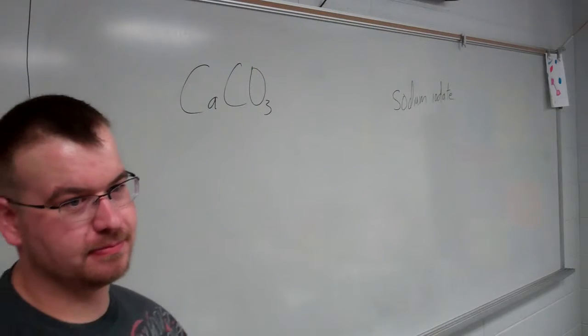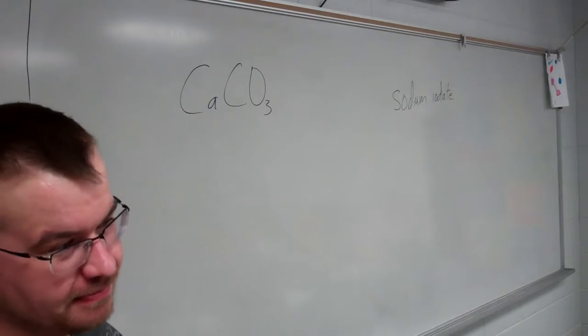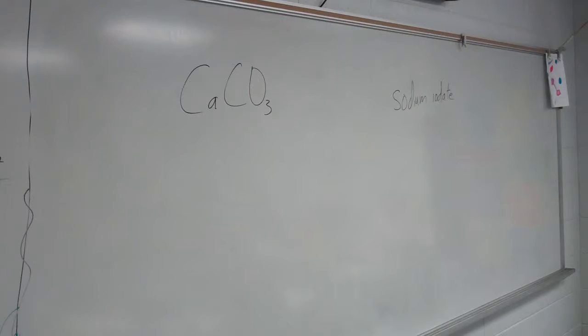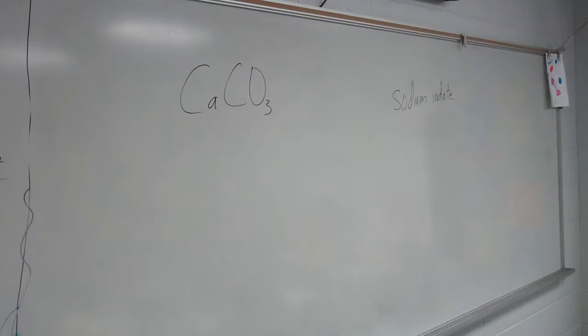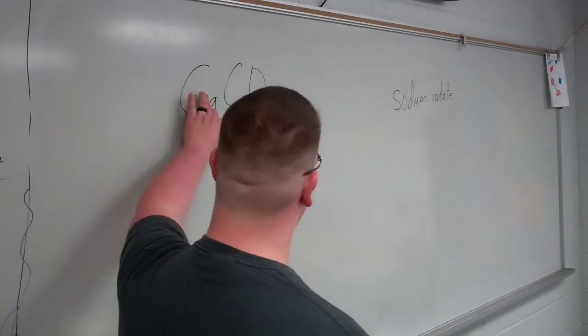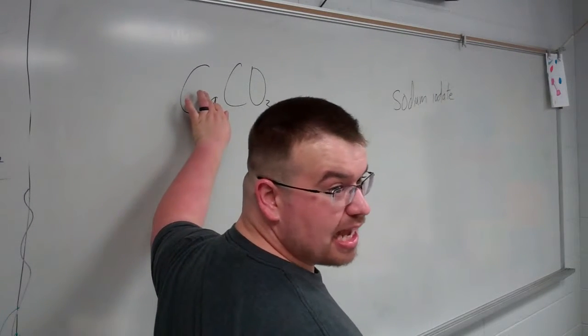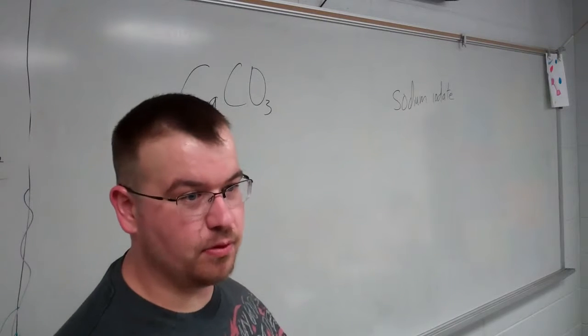You got this. I know you have this. Lying to us only makes it worse. All right, but it can't be carbonate because it doesn't have the charge. What's this? Calcium. What type of bonds does calcium form?